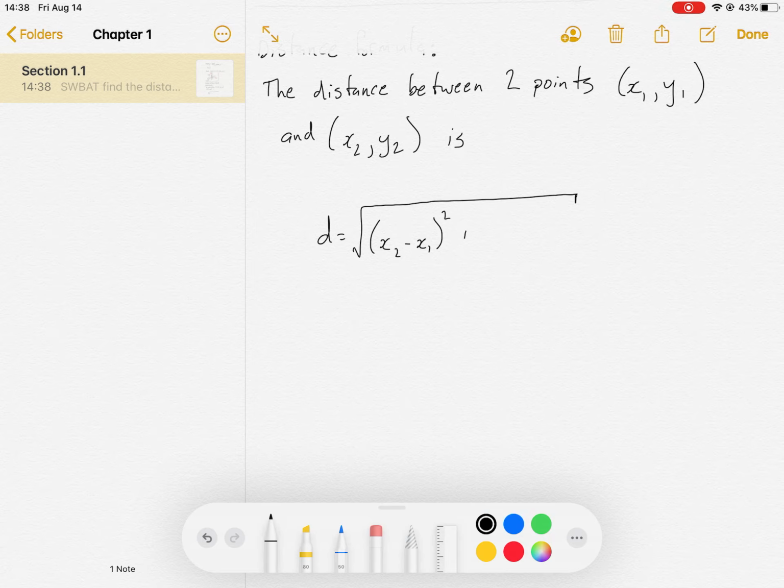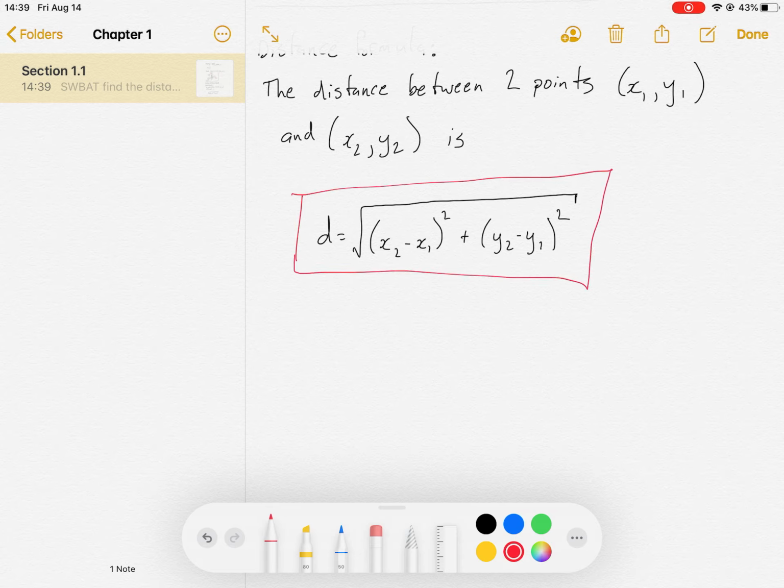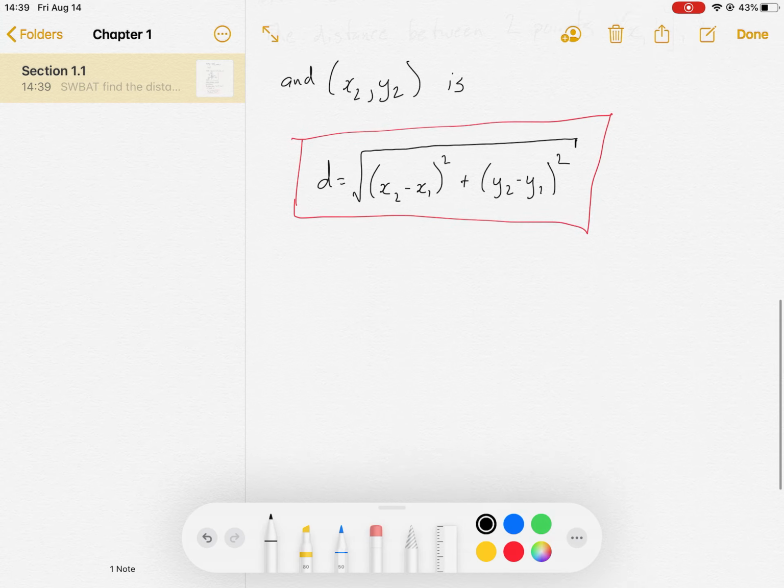We're going to square it, and then we're going to add y2 minus y1 and also square that. This is the formula. If you don't have this memorized at this point in your math career, you should memorize this. Write it down, circle it, star it, get it tattooed, whatever you have to do.